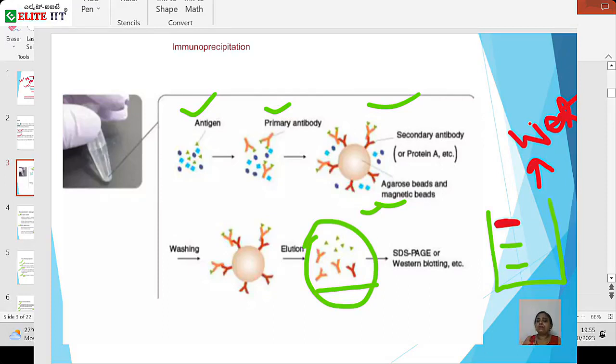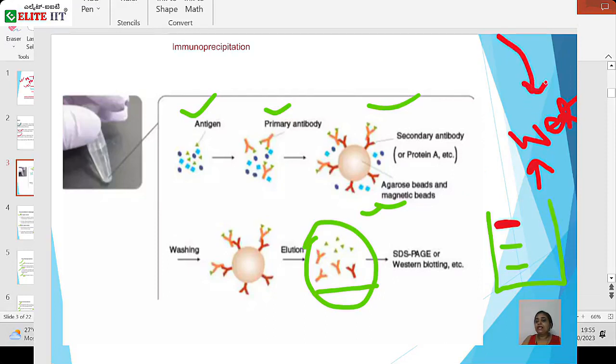On the surface of the paper, all the bands are transferred, and then what is added? An antibody against the specific antigen is given. And that antibody is attached with a probe, mainly radioactive or enzyme linked.